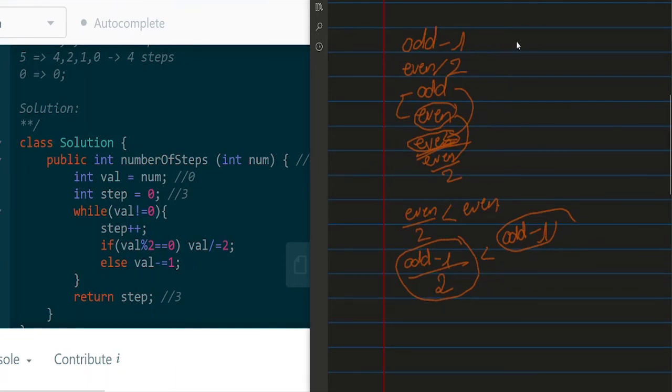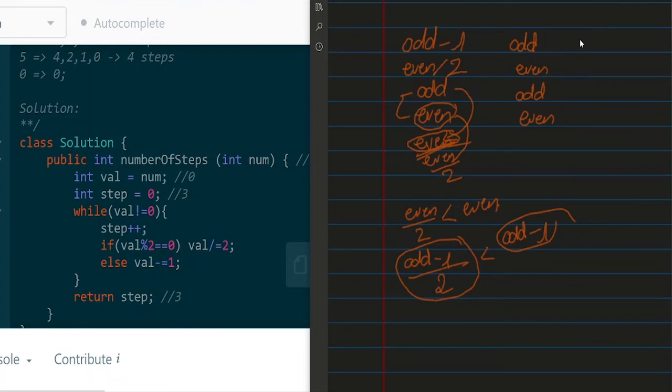So let's just say we would get odd and then even, and then we would get odd, and then we would get even. We would alternate between these two values, and we could see that the number of odd operations would not be more than the number of even operations, because we get even right after we get odd.